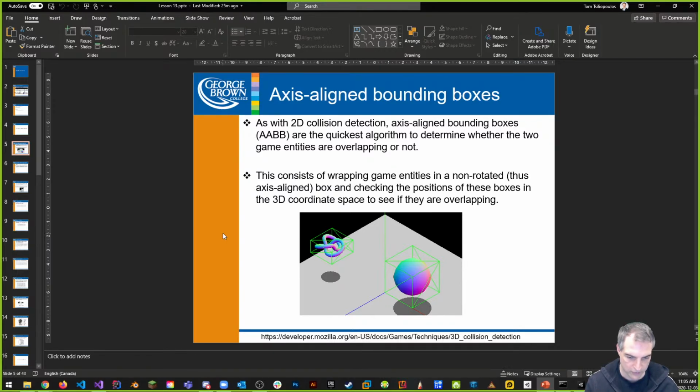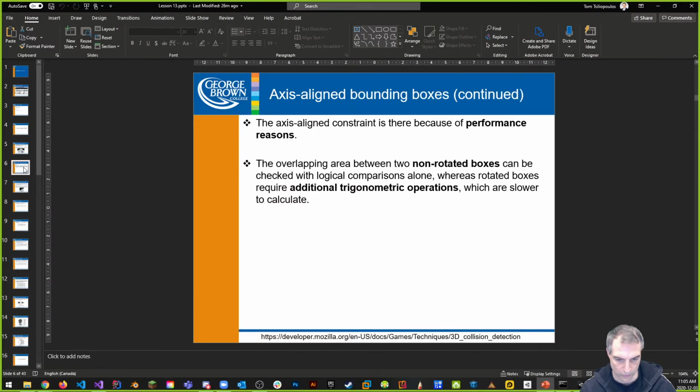We can use it as a bounding volume around any kind of object, okay? Whether it's a regular box, or even something that looks like this, which is a sphere. Doesn't matter, all right? As long as we wrap it around, we can use our basic collision detection techniques to detect if there's an overlap, which is the thing that we're doing. So that's kind of what we're talking about.